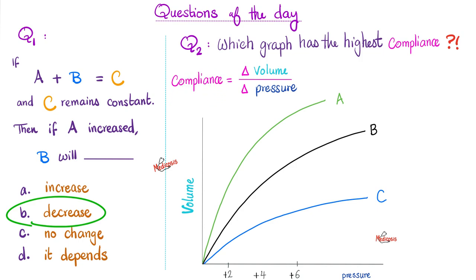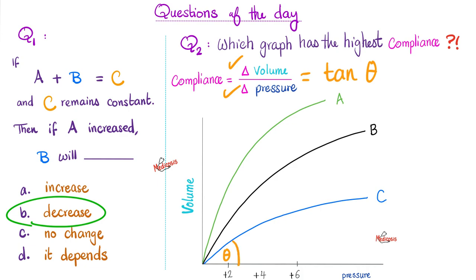Now the next question is, which one of these curves has the highest slope, i.e., highest compliance? One of the ways to get the slope is rise over run. The other method is tan the angle called theta. Theta is the angle that you make between the graph and the horizontal, not the vertical, the horizontal. Therefore, the theta angle for graph C is this, from here to here.